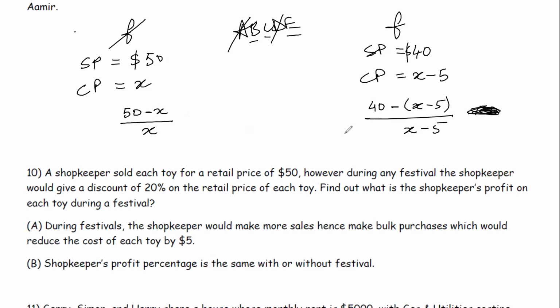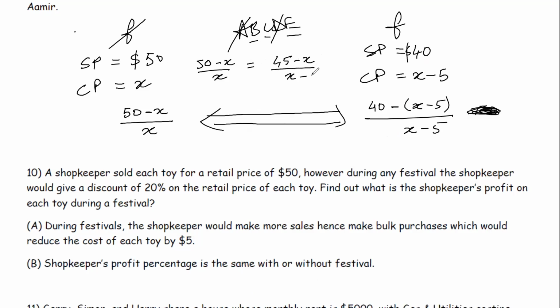So I'm not complicating the calculation, I'm simply equating these two, right? If I solve these two equations, that is, (50 minus x) upon x is equal to (40 minus x plus 5), which is (45 minus x), upon (x minus 5).